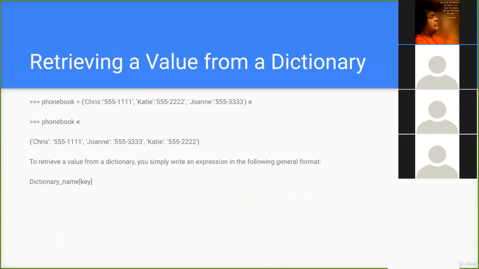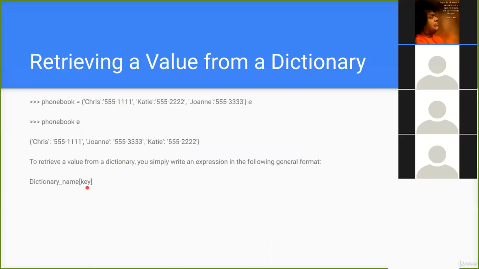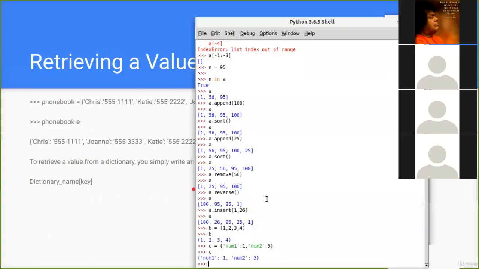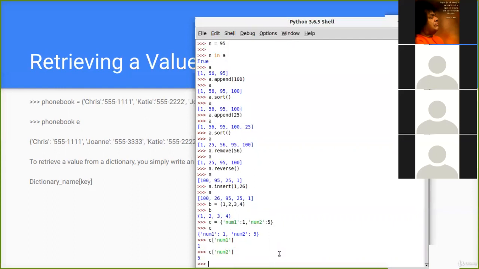Now, this is how you retrieve values from a dictionary. You name the dictionary, and then you give the key. Say I have a dictionary called C, and when I do dictionary C of num1 it will give me 1. Now when I do dictionary of num2, it will give the number 5.